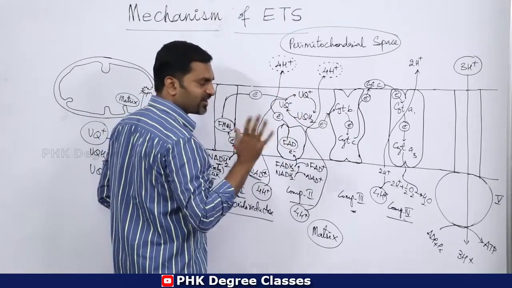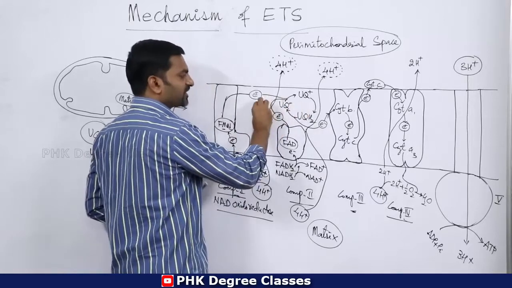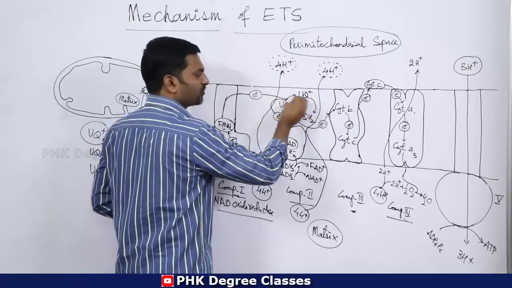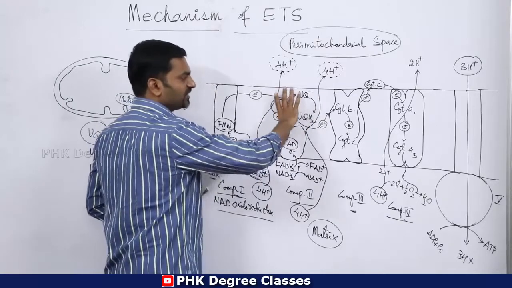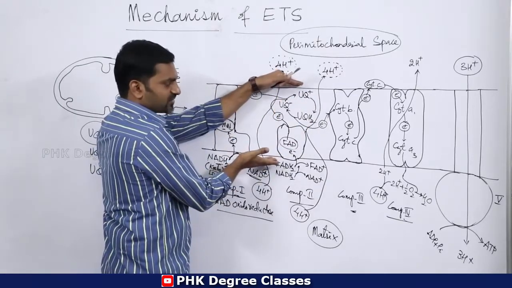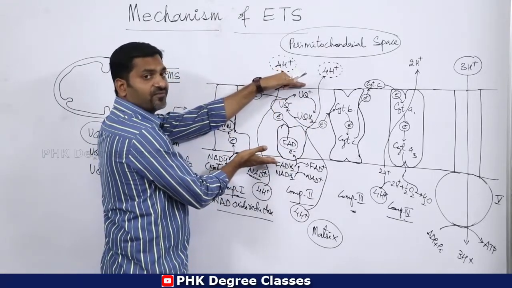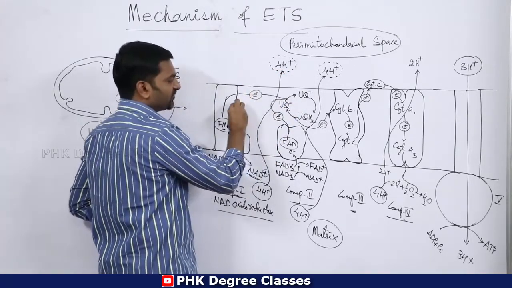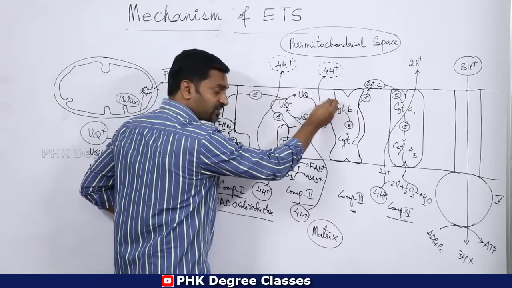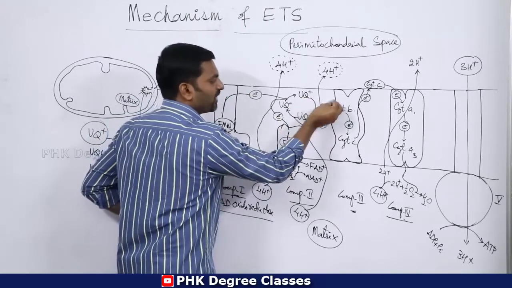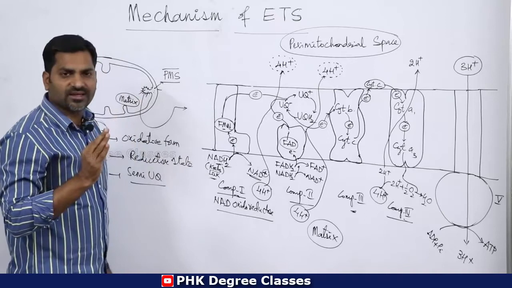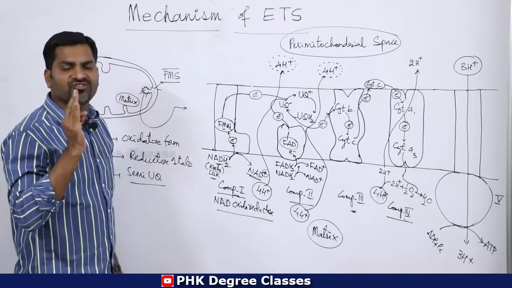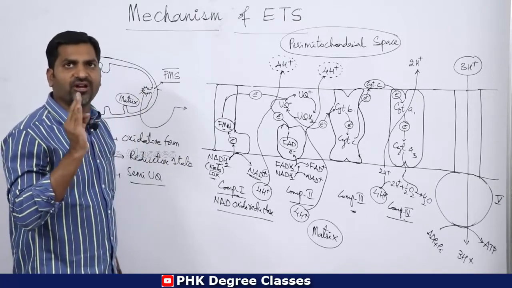Mobile carrier means it moves from here to here and here to here, like this. It moves in between the 2 membranes of this particular crista. Clear? So ubiquinone moves from complex 1 to complex 3 and from complex 2 to complex 3. So this is a mobile electron transporter or mobile electron carrier.